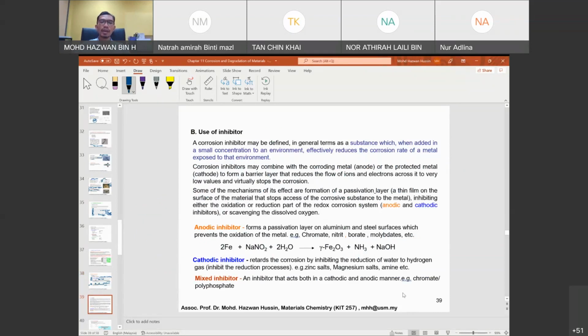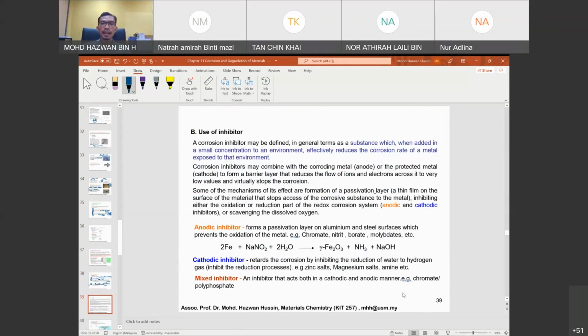And the last one, quite popular, that people use in oil and gas, in different types of industries, automotive and others, is by using a corrosion inhibitor. Okay, so what does it mean by corrosion inhibitor?